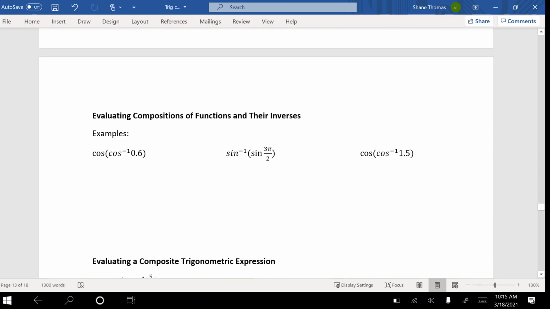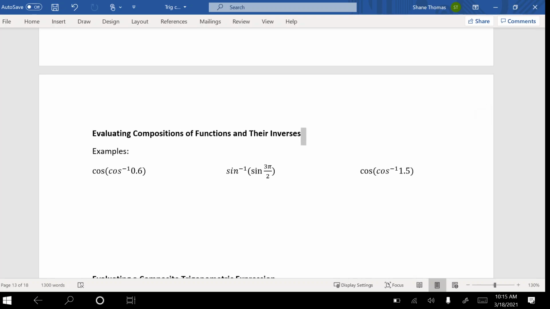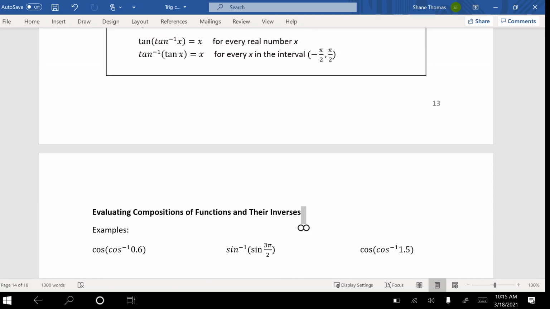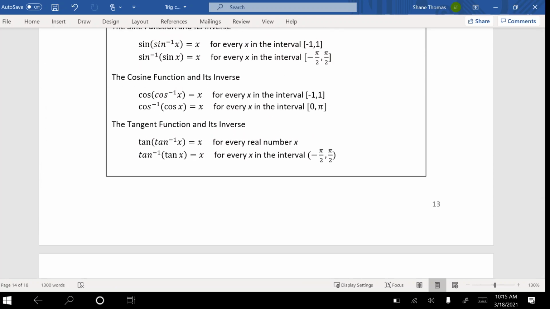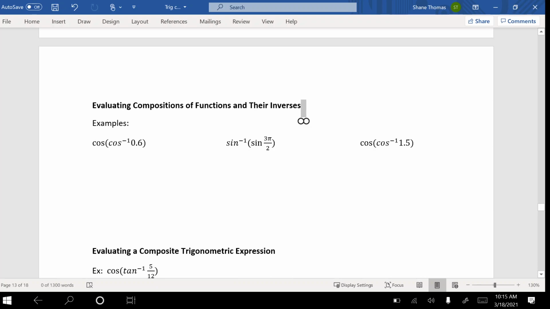So we get down here. Cosine of the inverse cosine of 0.6. First off, we have the cosine on the outside. It has to fit on the interval negative 1 to 1. Is x between negative 1 and 1?